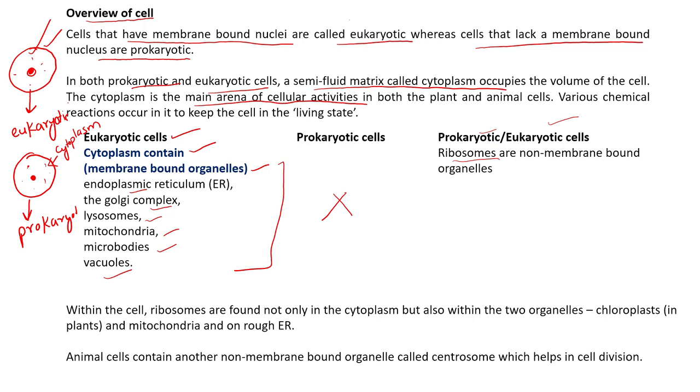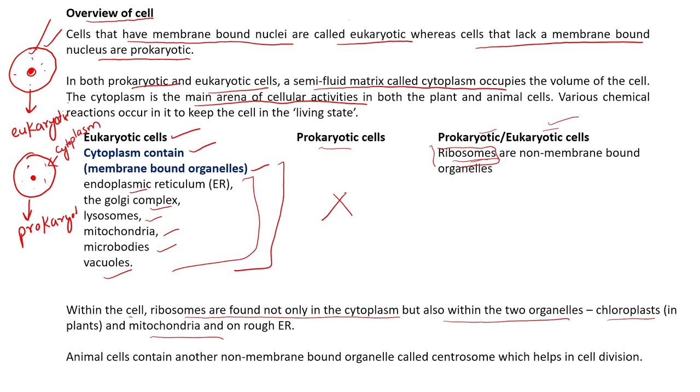So in prokaryotic cells only ribosomes are present, but in eukaryotic cells there are ribosomes plus these organelles. Within the cell, ribosomes are found not only in cytoplasm but also within two other organelles, which are chloroplast and mitochondria.